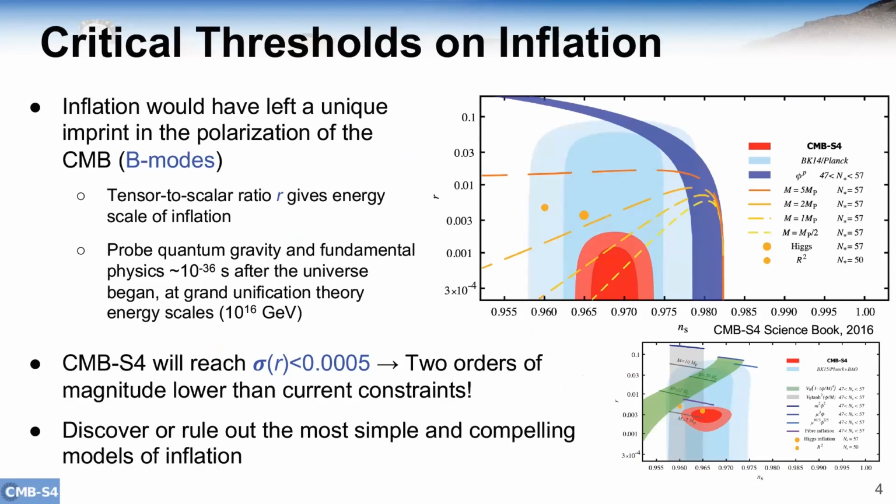As one of the key science drivers, you have looking for those primordial gravitational waves from inflation, which is really one of the unique signatures of inflation. We have many evidences for inflation and so forth, but those gravitational waves will really nail things down. And we talk about that, as you've heard, in terms of this tensor-to-scalar ratio r.